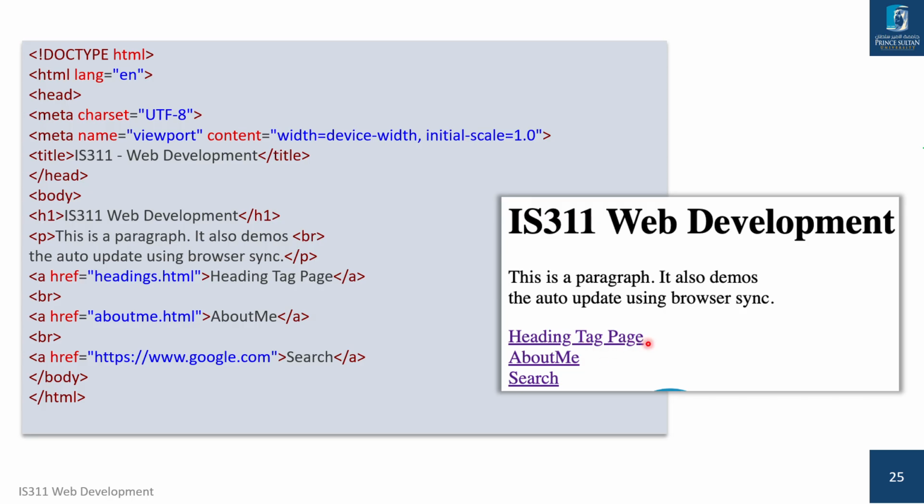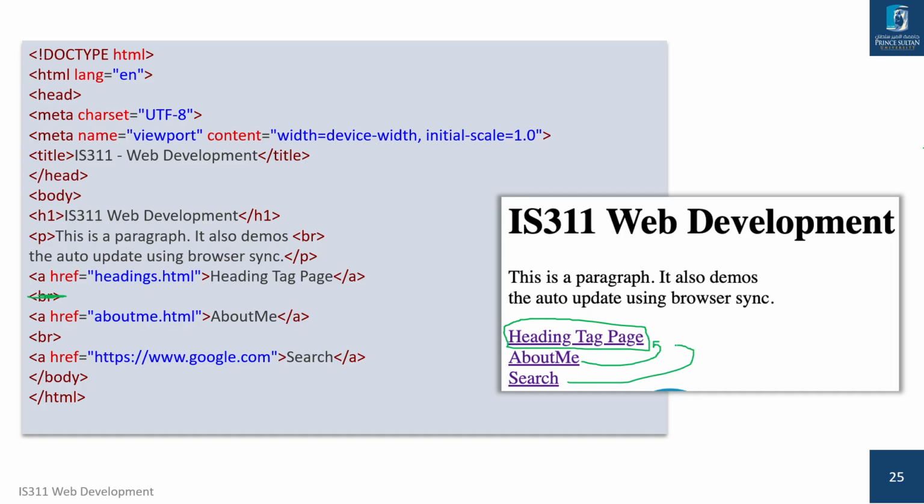And why are they going to the new line? If you ask me, A is an inline element, and the size of this inline element is this. If I don't have this br, the links will appear right next to each other.